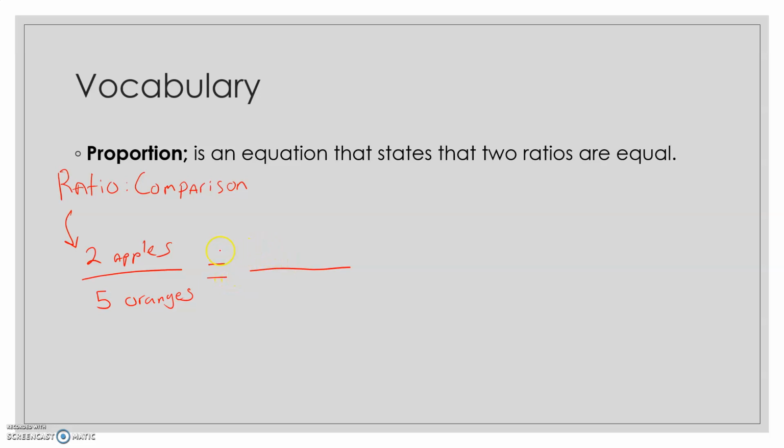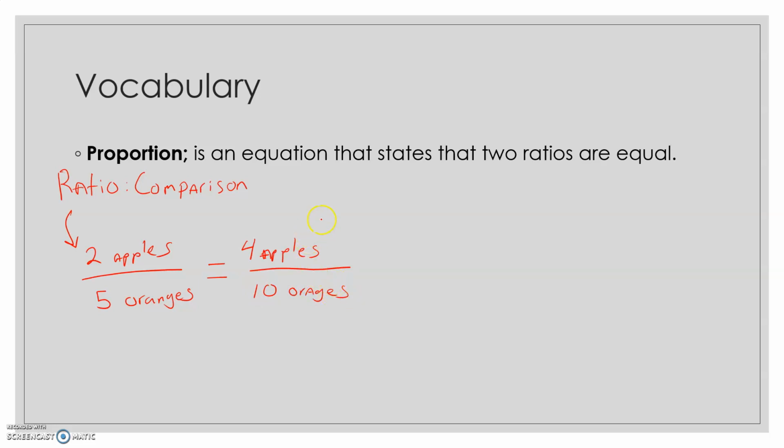So for example, if it's true that for every 2 apples we have 5 oranges, then it would make sense that if we doubled our amount of apples, that we would also double our amount of oranges. So if we had 4 apples, then we would have 10 oranges as well.